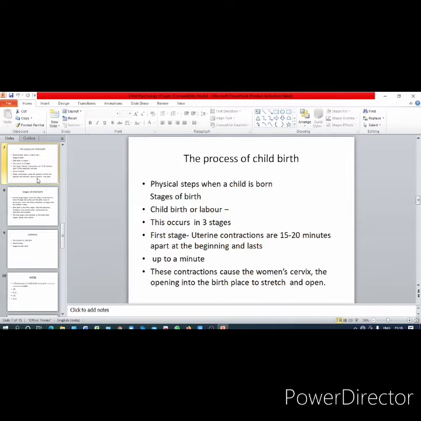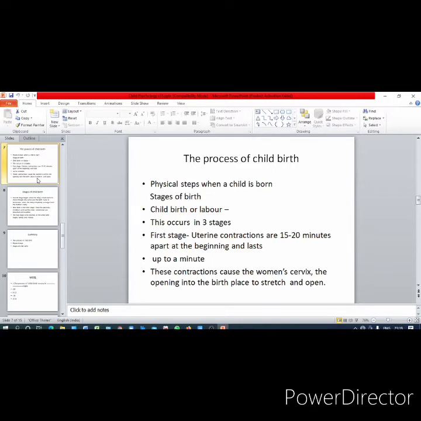Uterine contractions are 15 to 20 minutes apart at the beginning and last up to a minute each. These contractions of the uterus gradually become more frequent and powerful, causing the woman's cervix to widen and thin out, forming a clear channel from the uterus into the birth canal.